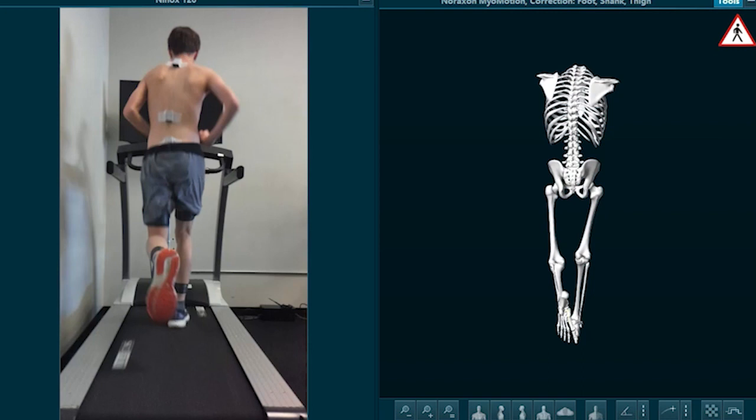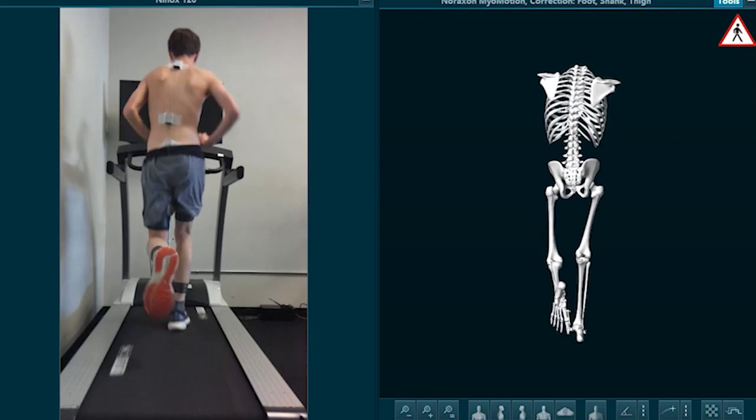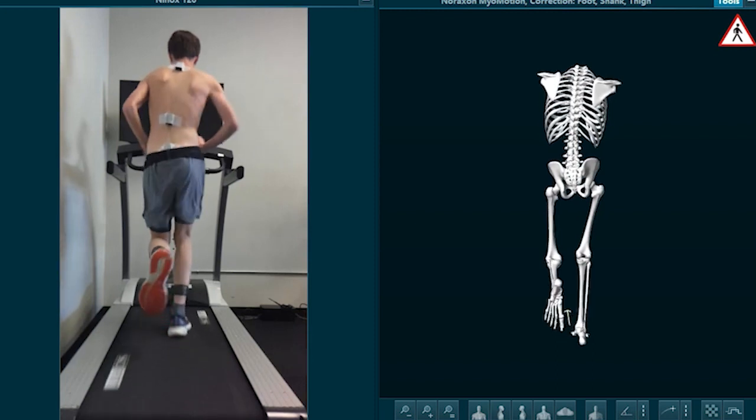As this runner continues to load his right leg into what we call midstance, or the point where both knees are about at the same point, or the highest point of force or pressure in the running gait, this is where we see some form changes very common in runners with runner's knee and other ailments for that fact.